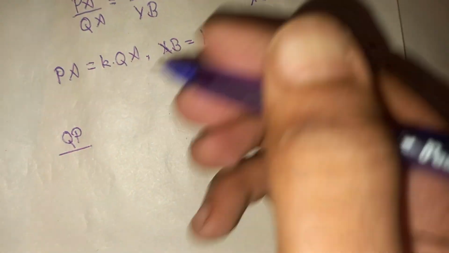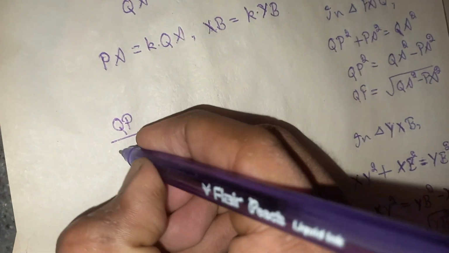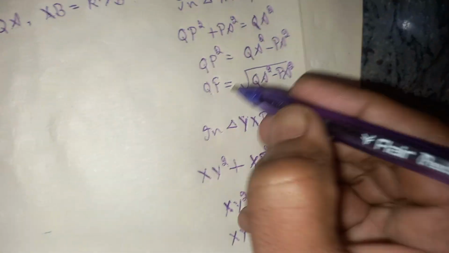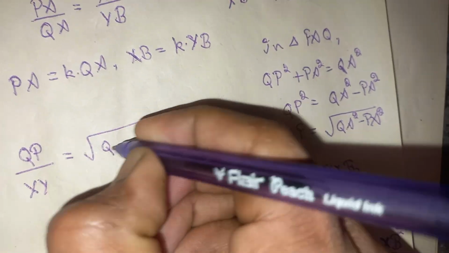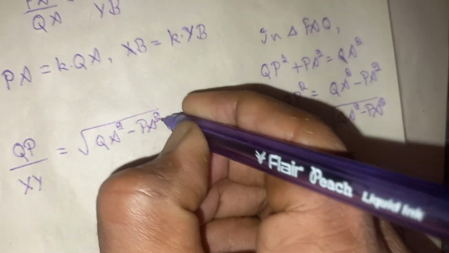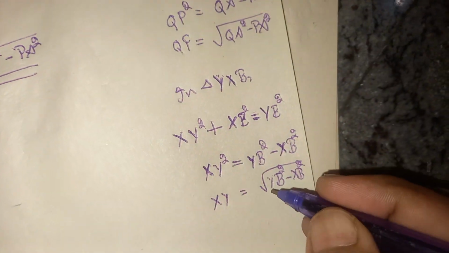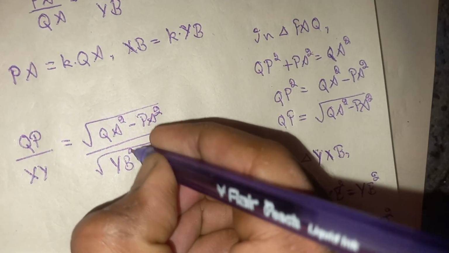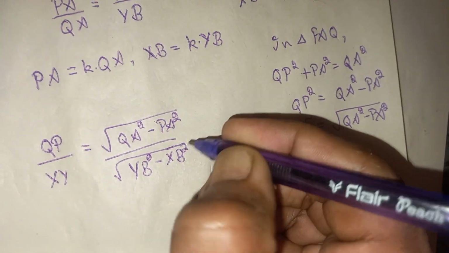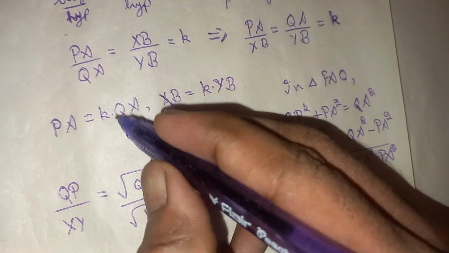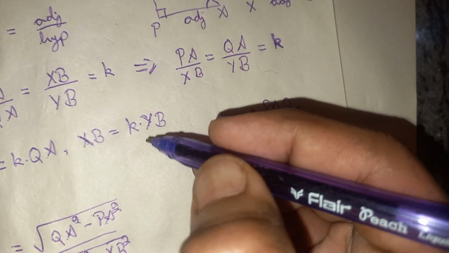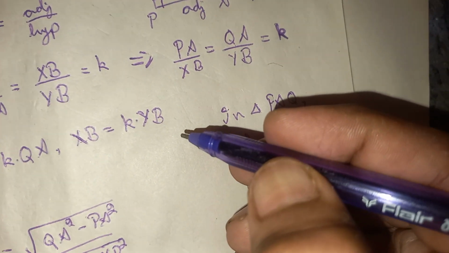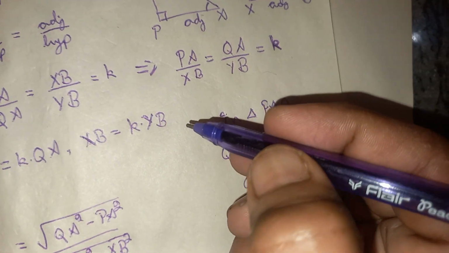QP by XY equals, as I found, root of QA square minus PA square divided by root of YB square minus XB square. Now PA can be written as K times XB, and QA can be written as K times YB.